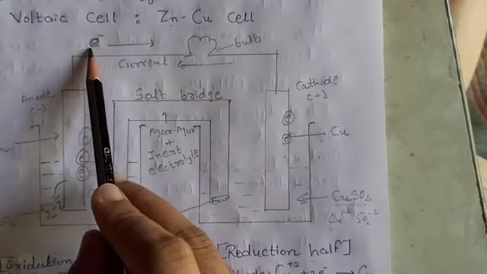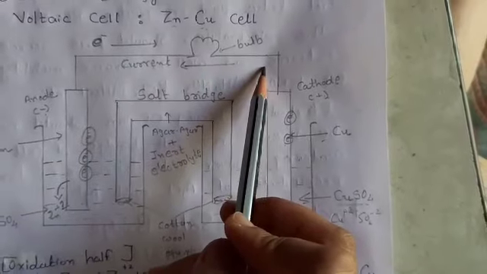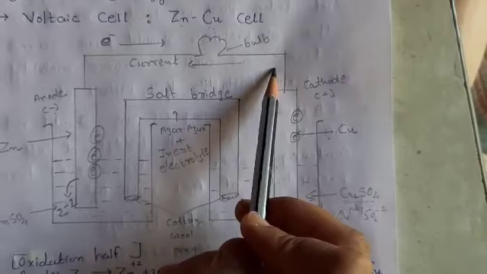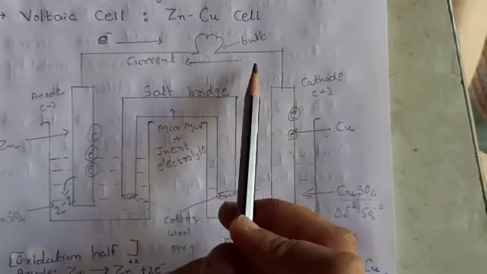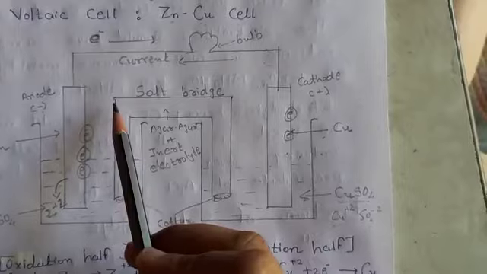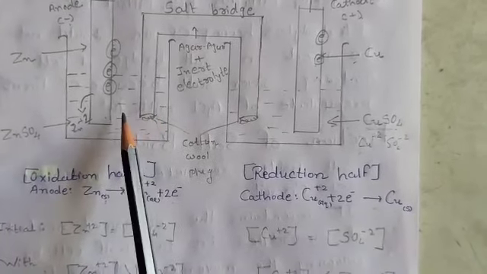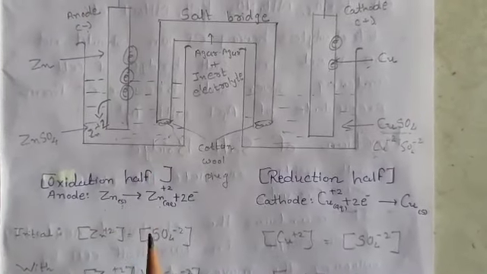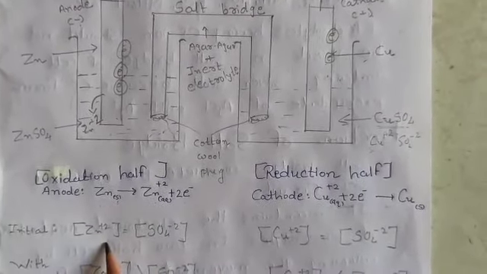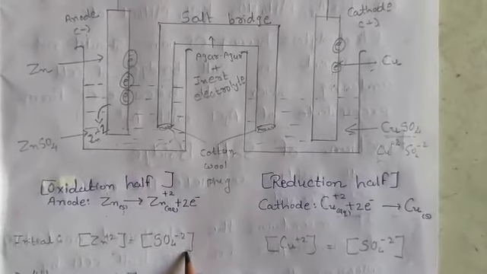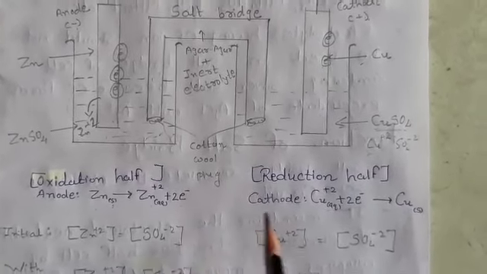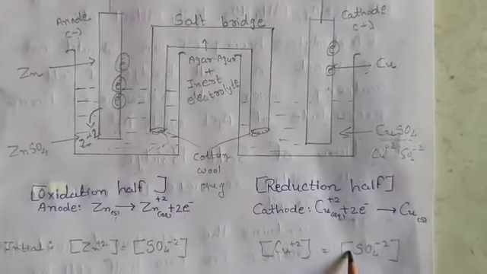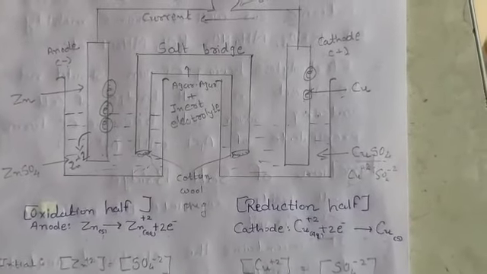Now during reaction, electron passes from anode to cathode, and due to the flow of electron there is a production of current, and it will flow from cathode to anode. Now initially, when we take a ZnSO4 solution, we know that the concentration of Zn+2 is equal to the concentration of SO4-2, and the concentration of Cu+2 is equal to the concentration of SO4-2.